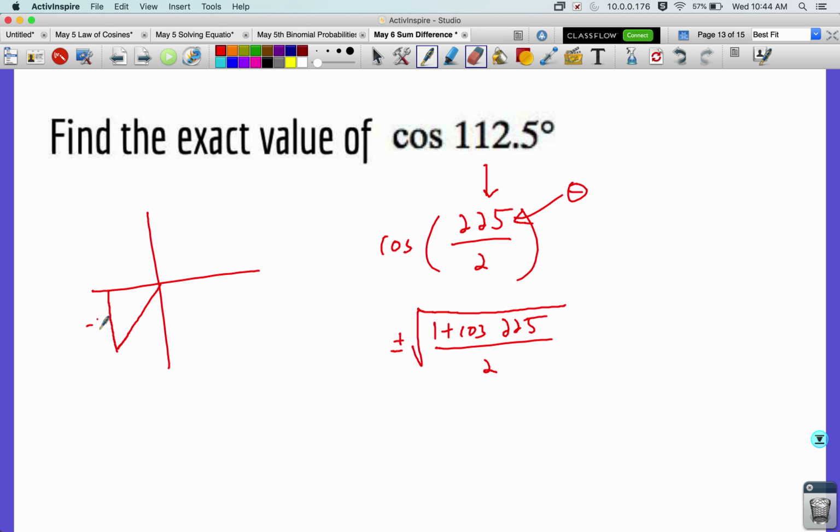Its side lengths are -1, 1, and the square root of 2. So we go adjacent over hypotenuse, we get 1 over root 2. So we've got plus or minus big square root of 1 plus 1 over root 2. Actually, that would be a -1 as well. So that'd be -1 over root 2 all over 2.